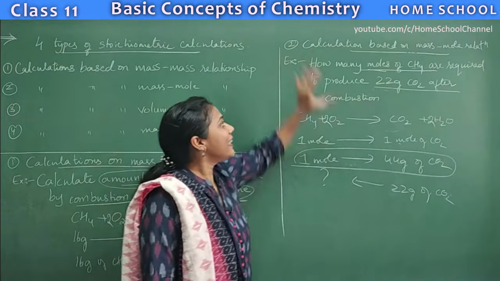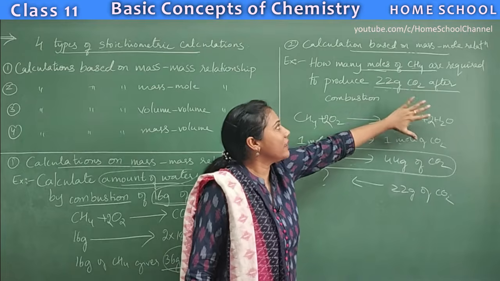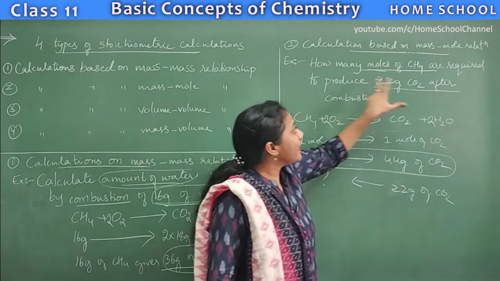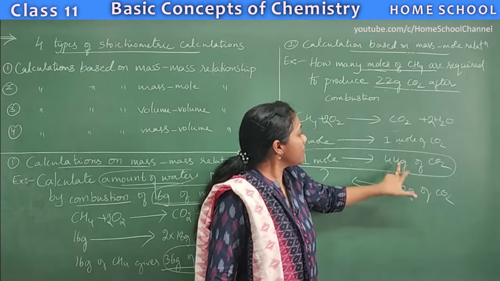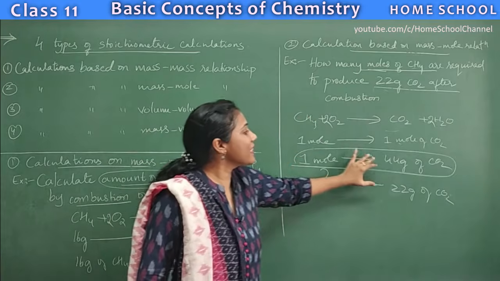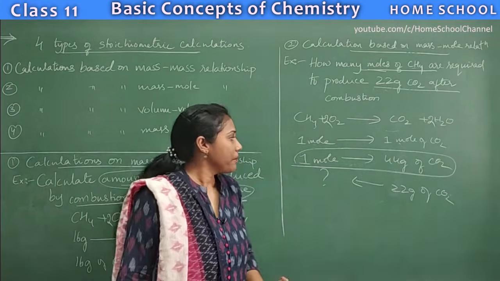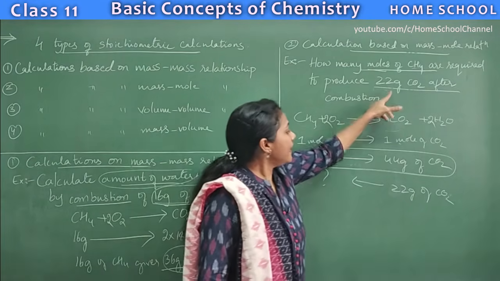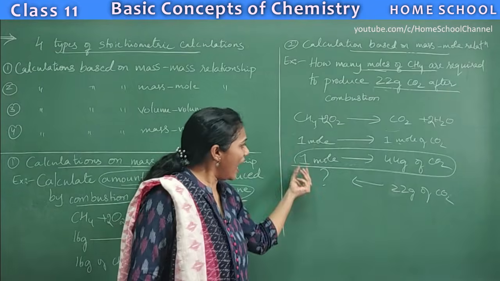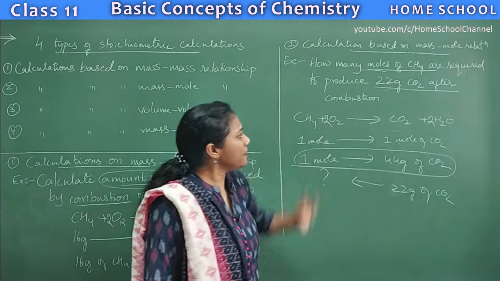They gave something about carbon dioxide in terms of mass and asked about methane in terms of moles. So that's why I wrote 1 mole of methane gives 44 grams of carbon dioxide. That is understood from the equation. Now they said 22 grams of carbon dioxide produced means how many moles of methane would have reacted. This is standard, we got it from the equation.